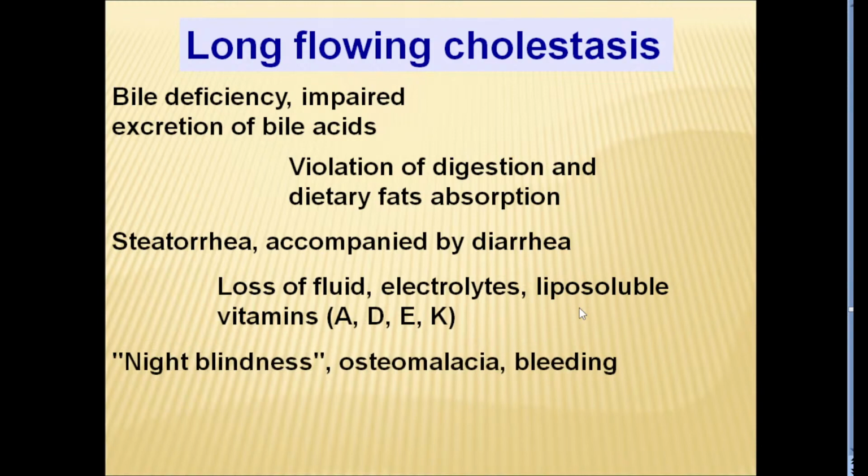The patient complains of night blindness, loss of vision during the night period due to vitamin A deficiency, osteomalacia due to vitamin D deficiency, and predilection to bleeding due to vitamin K deficiency. Later it is accompanied by malabsorption and progressive weight loss, but this is not a frequent process. I draw your attention: it is characteristic only of long-standing cholestasis, usually in patients with biliary liver cirrhosis.